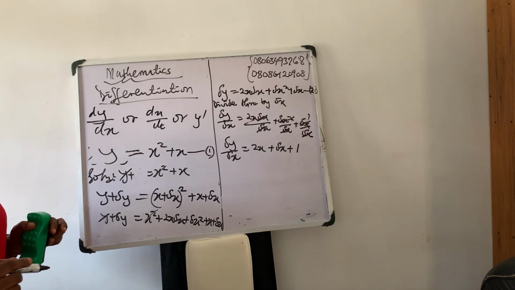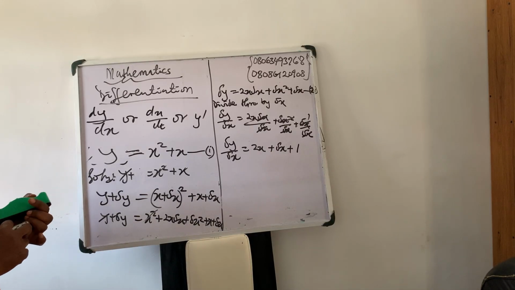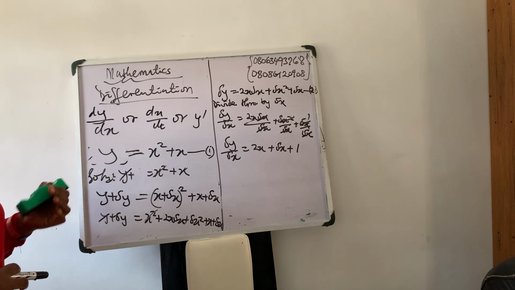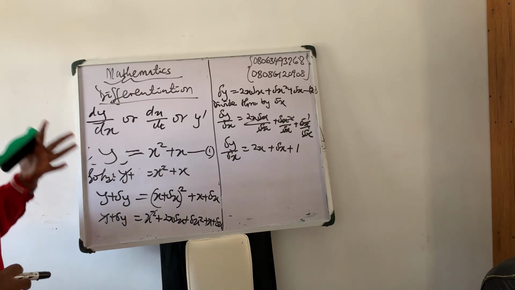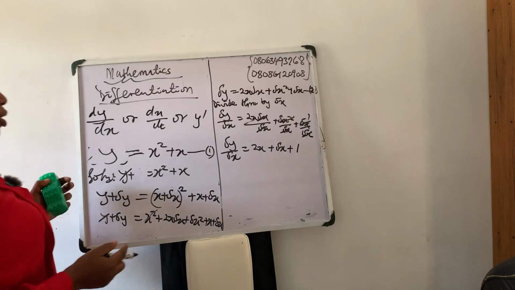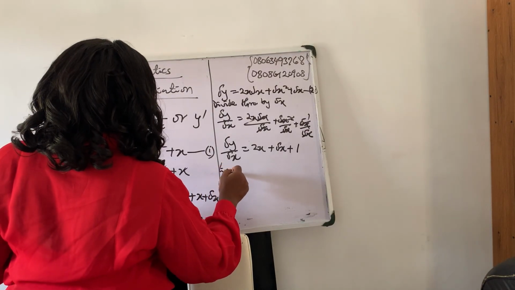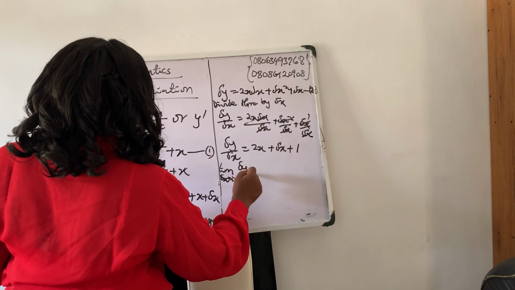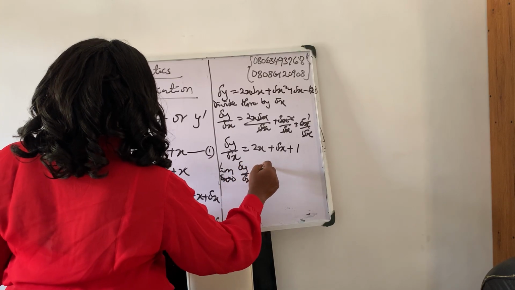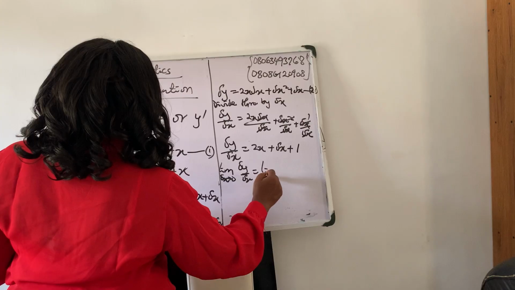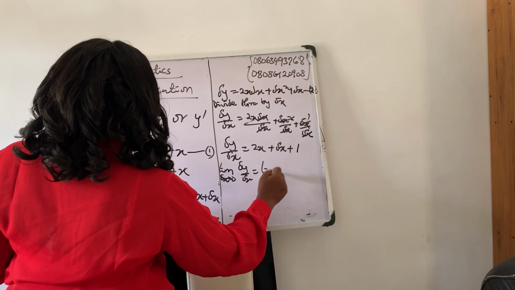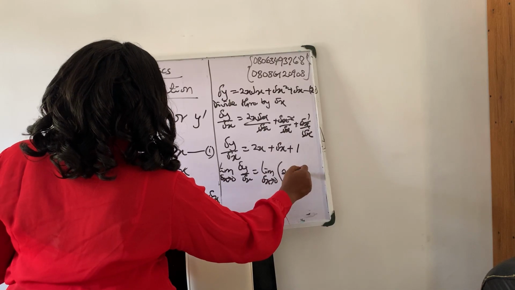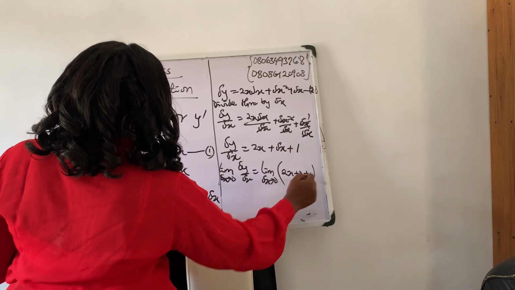We are not done yet. The next thing to be done is we limit dx to 0. What that means is that anywhere you see dx, you put 0. Now the limit as dx tends to 0 of dy over dx equal to the limit as dx tends to 0 of 2x plus 0 plus 1.